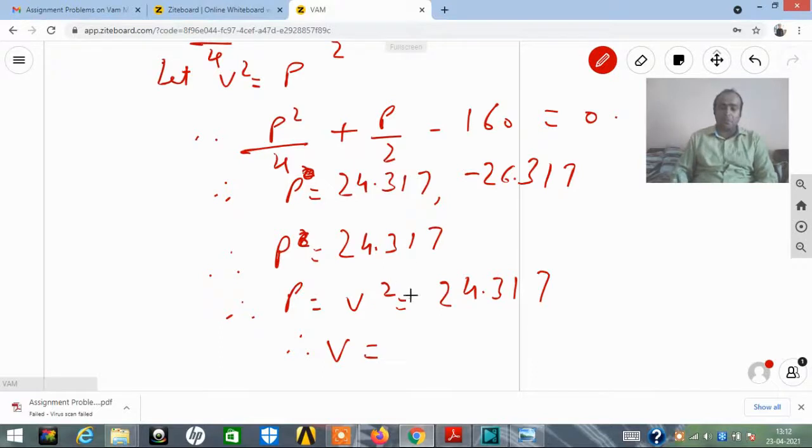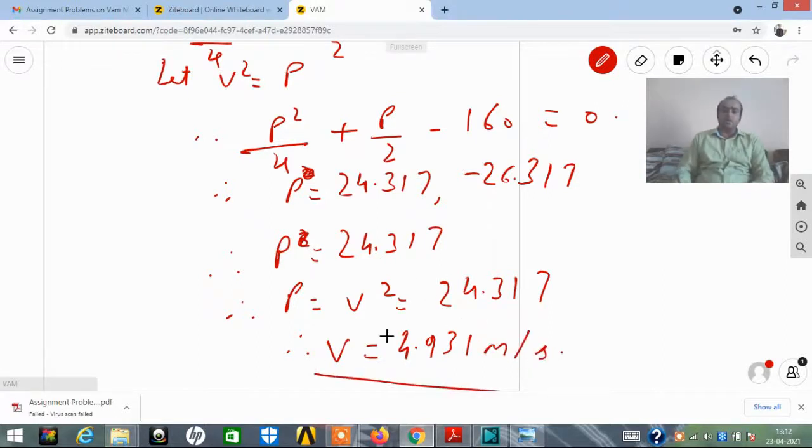The answer is 4.931 meter per second. So the square root of it is nothing but 4.931 meter per second.